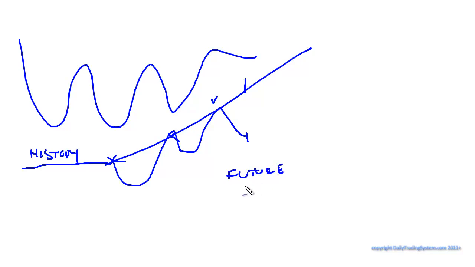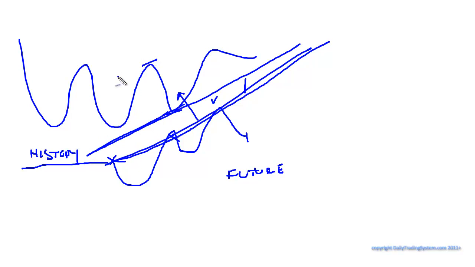Then what we basically will do is take a pivot low or a pivot high, depending on what the market was doing on the left hand side, and we're going to draw a parallel line. We're going to draw one over the top of this, and then we're going to move it into the history. We're going to line it up with the pivot lows and the pivot highs and so on.